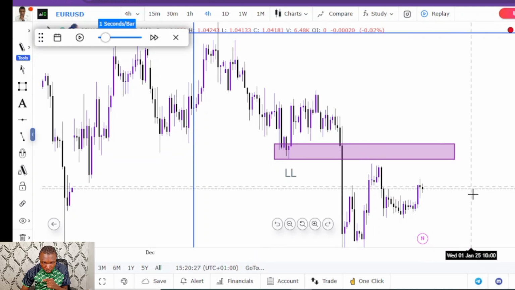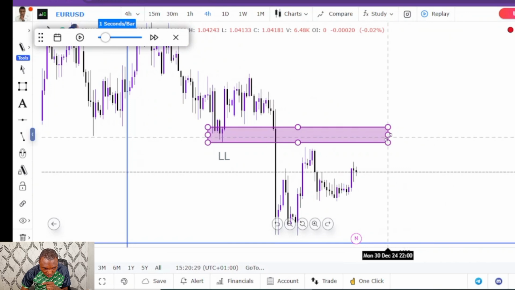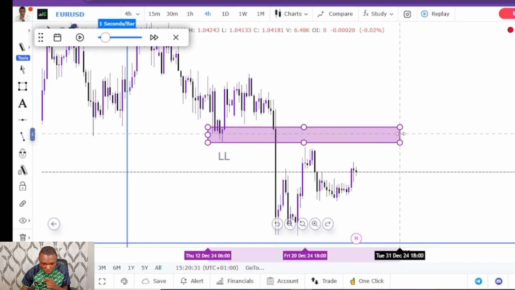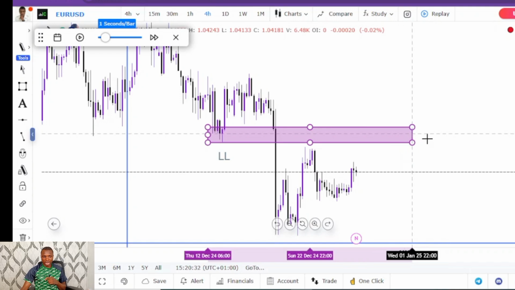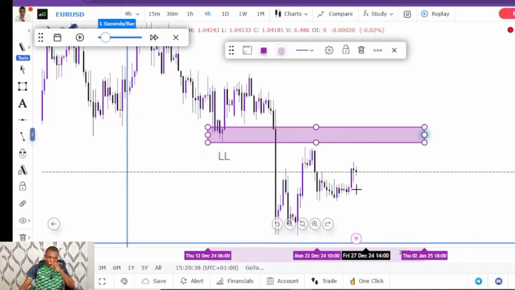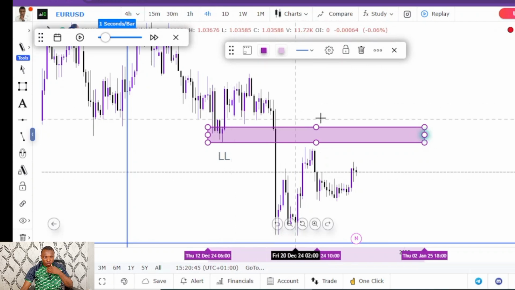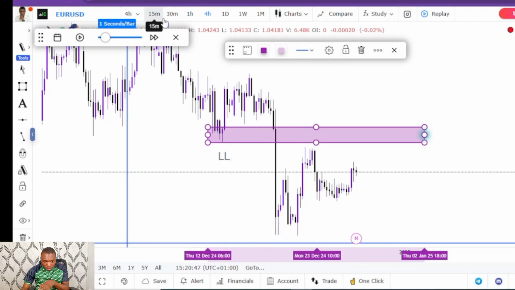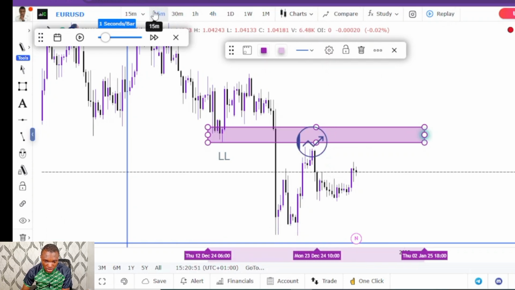So now, once you see this, you already know that the market will come and retest this. The next thing you want to do is ask yourself how can I react to this? For you to react, since you are trading intraday, you have to look at the 15 minutes time frame.